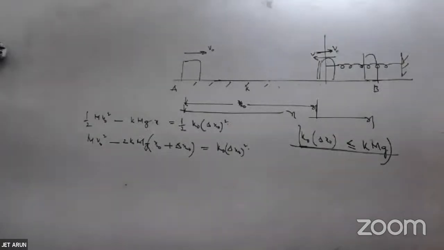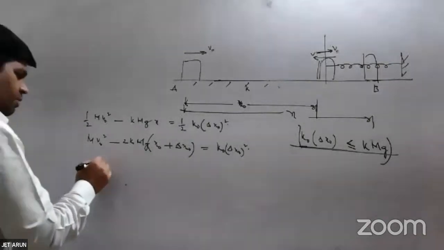I'll get delta x naught from here. I got a quadratic equation for this. You'll have one root as positive and one root as negative. Is it so? Yes, you'll have one root as negative. How can I say that?